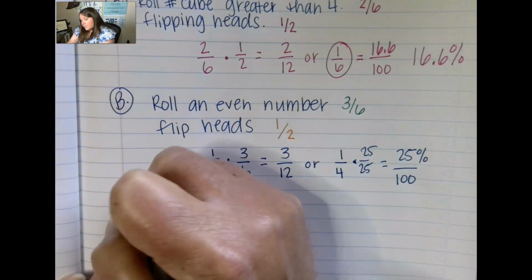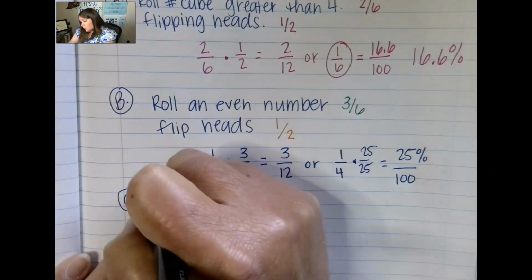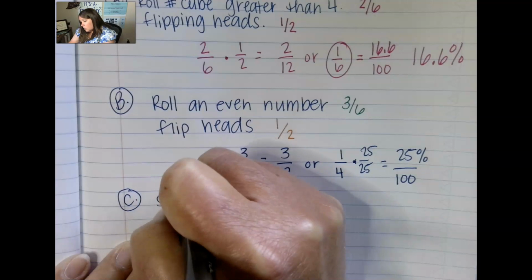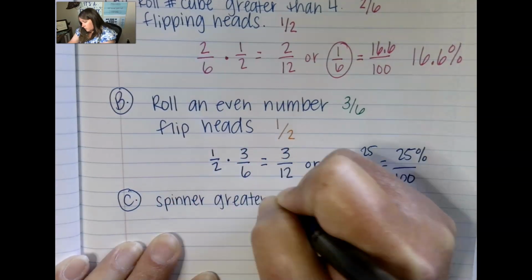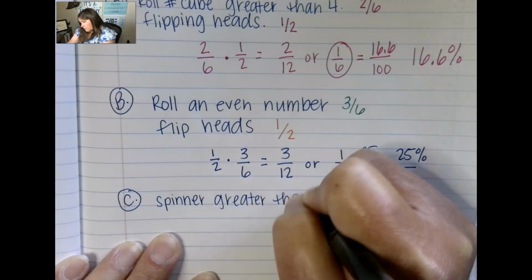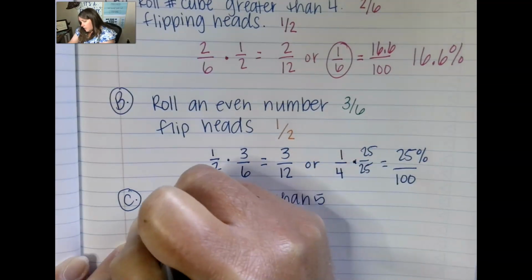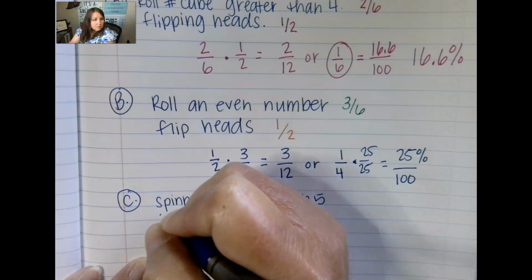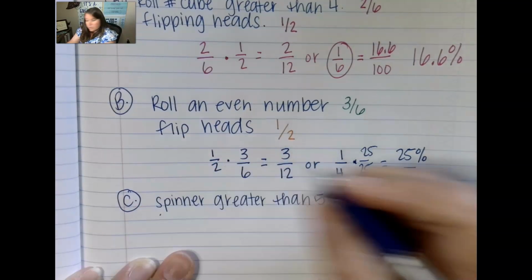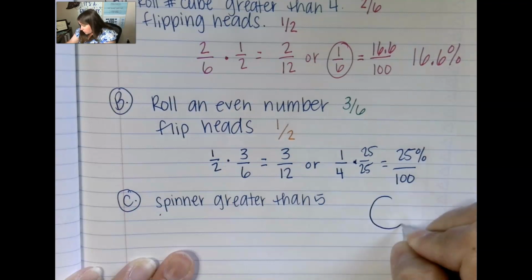Okay, example C says that you spin a spinner greater than 5. And then the second event is to roll a number greater than 3. Oh, let me draw your spinner.